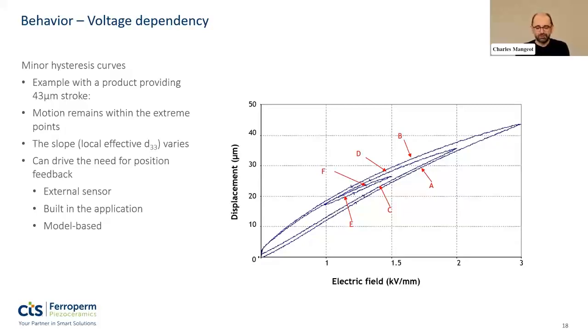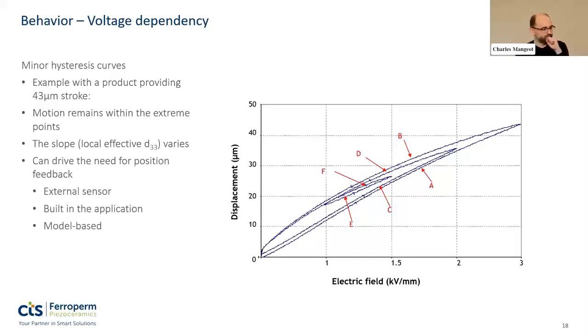Right. So the slope varies, and that means it can give you some challenges for driving the part. So it won't have a homogeneous response to an electrical input. In certain cases, you will need an external sensor. If you need to have an actual position that is accurate, you can have a sensor that is part of the application.